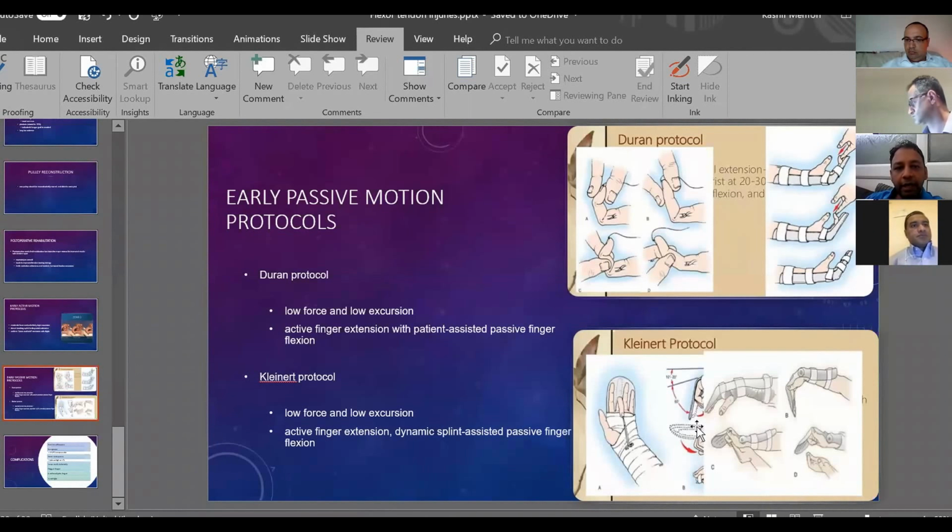While in the Kleinert protocol, it's again low force and low excursion, but in this technique, the patient actively extends the fingers, but there is dynamic splint assisted passive finger flexion. So the patient is in a dynamic splint.